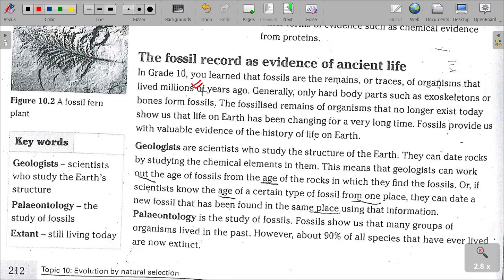Generally, we need to understand that the hard body parts such as the exoskeletons or the bones are the ones that can form fossils.